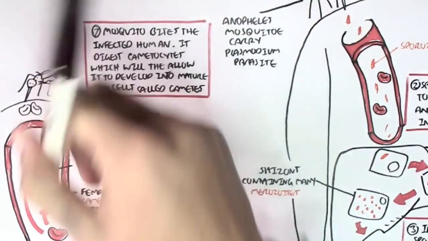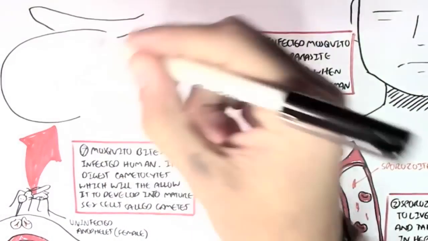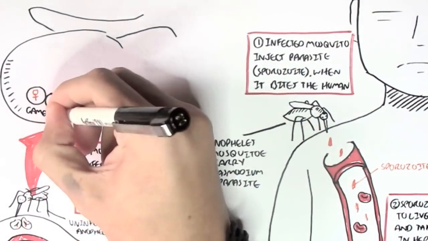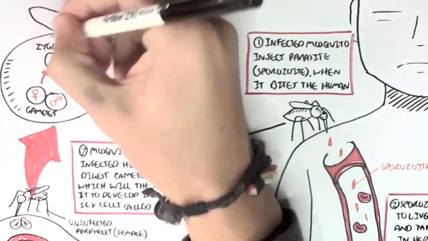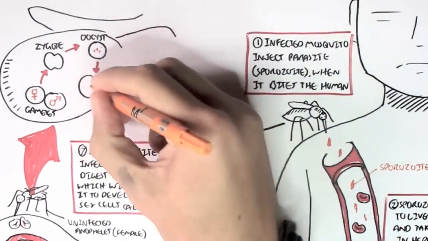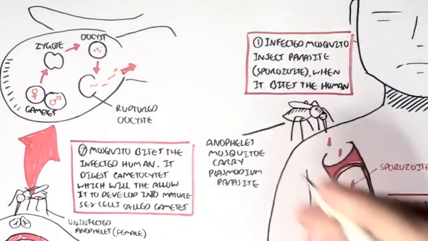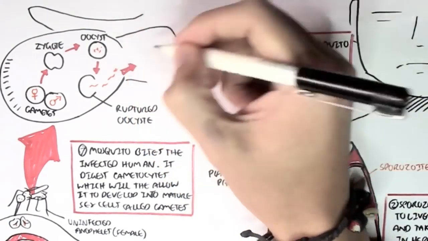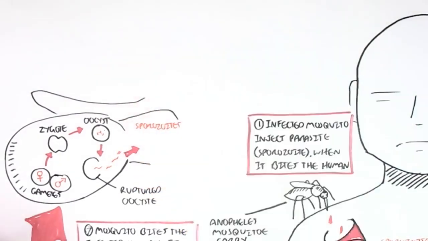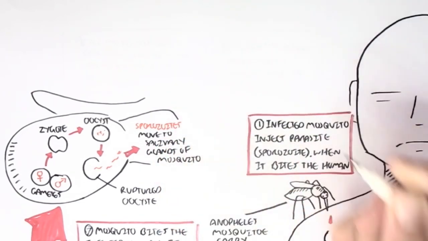And then let's just zoom into the back of this Anopheles mosquito to see what happens with these gametocytes, now gametes. The gametes will fuse together to form a zygote, which will form an oocyst where the sporozoites begin to develop. These sporozoites will multiply and then will cause the oocyst to rupture, releasing the sporozoites. The sporozoites will move into the salivary glands of the mosquito, ready to be injected into another human being or anything else.